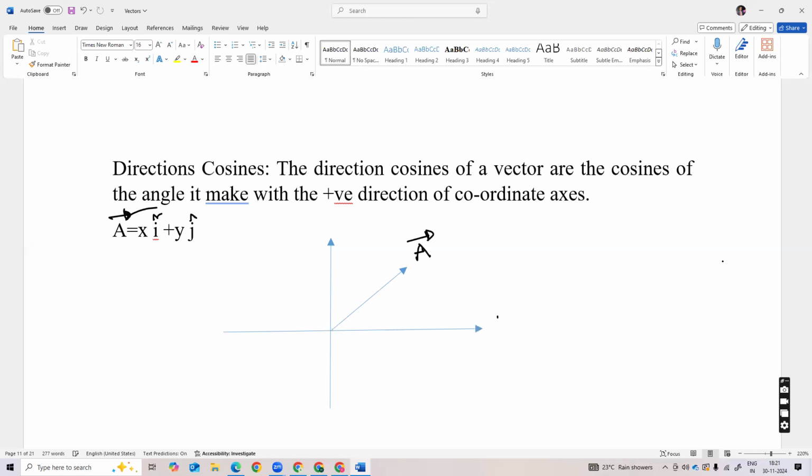This is the positive x-axis, this is the positive y-axis, and let's say this vector makes an angle theta with the positive x-axis.